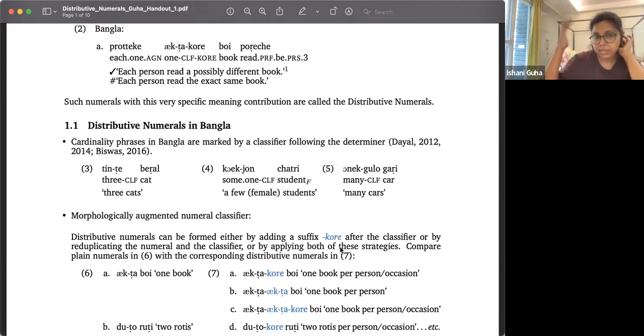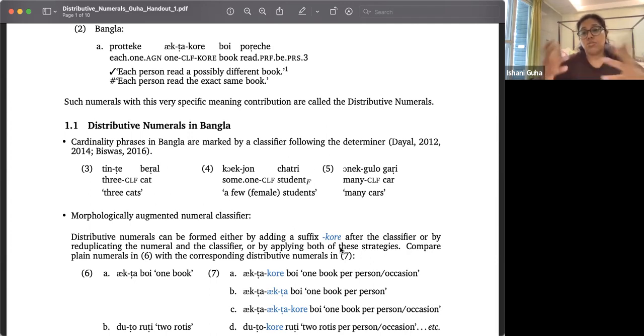They have tinte beral, so they have the number tin, the classifier te, and the noun beral, right? 4, koekjon chhatri, koek, this is indefinite, maybe a complex indefinite determiner, then followed by the classifier jon, and then noun chhatri. Similarly, onekgulo gari, onek again an indefinite cardinality determiner, followed by plural classifier and noun.